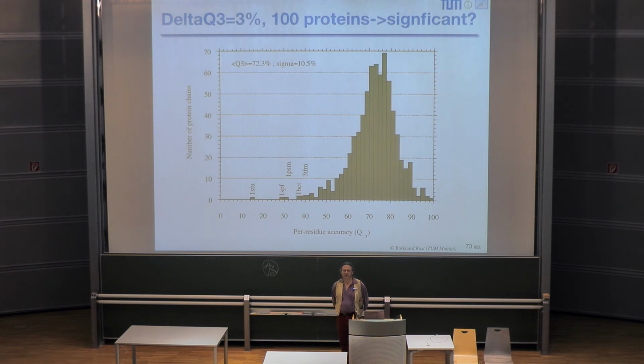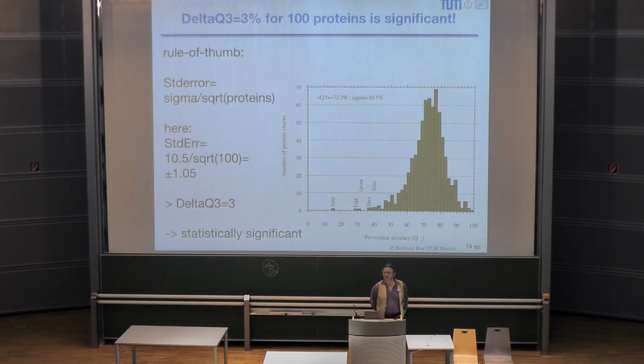So anybody else, there are a couple of numbers on the slide. The number 3, the number 100, and the number 10. Sigma is 10. There's a rule of thumb that essentially combines the standard error by doing the sigma, and again, you're right in pointing out one sigma may not be the best way of going.